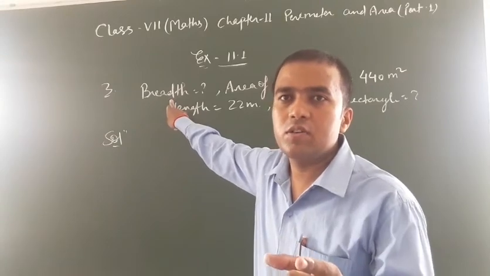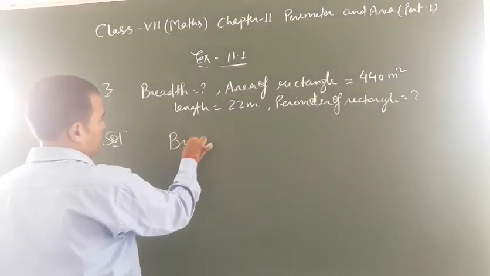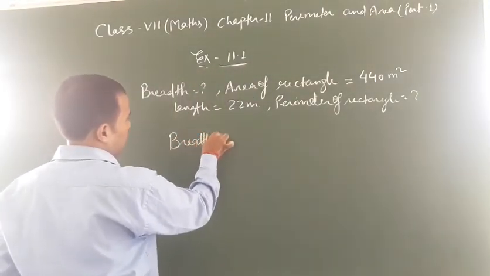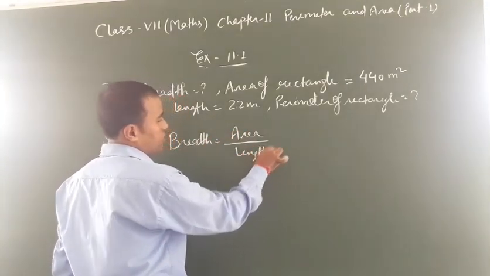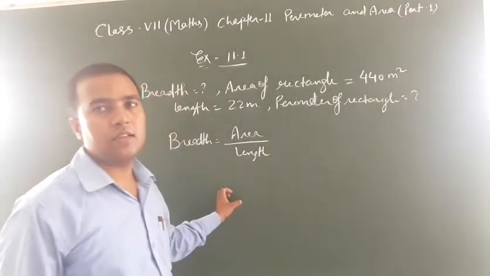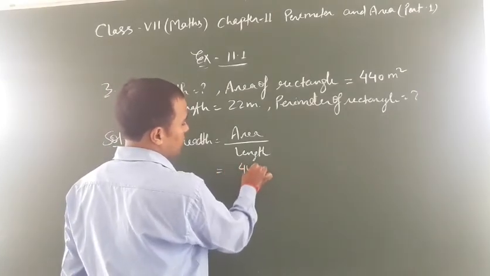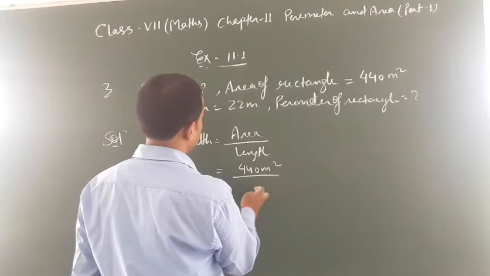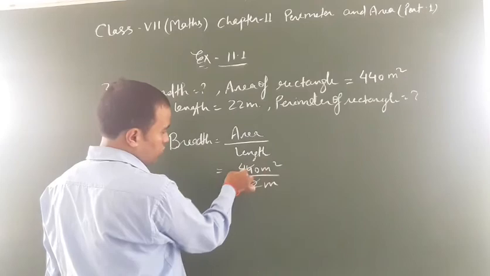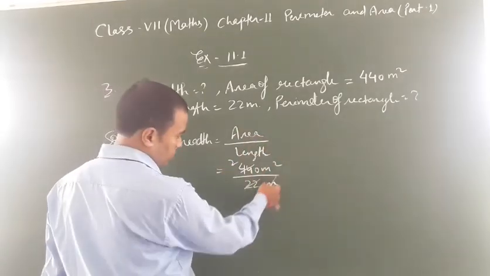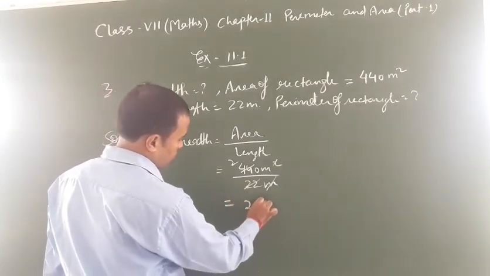I told you breadth equal to area upon length. Area is 440 meters square, length is 22 meters. 22 into 20 is 440, so breadth equals 20 meters.